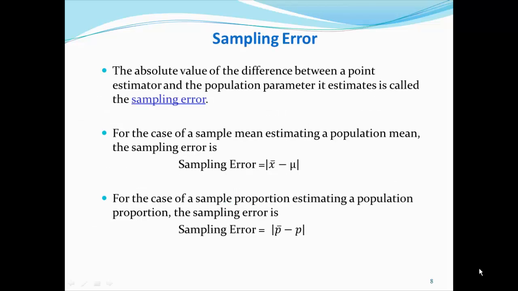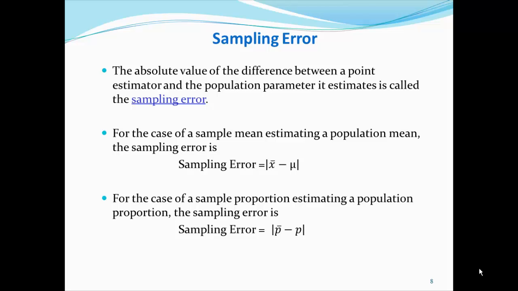The difference between the point estimate and the population parameter is called the sampling error. When using statistical inference techniques in order to estimate our population parameters, we must acknowledge that the two values will not be exactly equal.